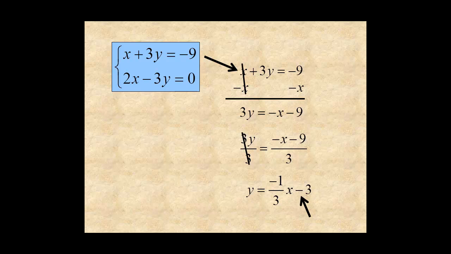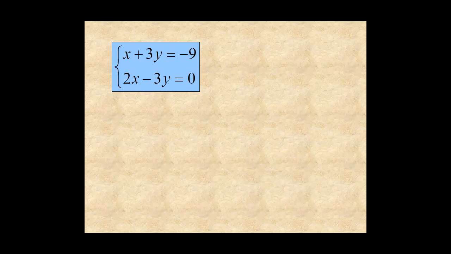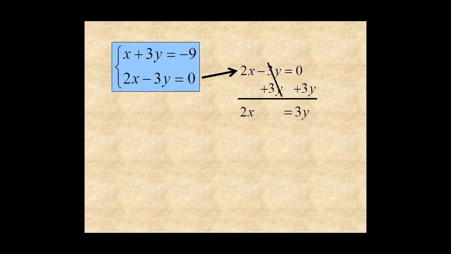And the equation is y = -1/3 x - 3. For the second equation, add 3y to both sides for 2x = 3y. Then divide both sides by 3 for 2/3 x = y. Flip it around, and you have y = 2/3 x.